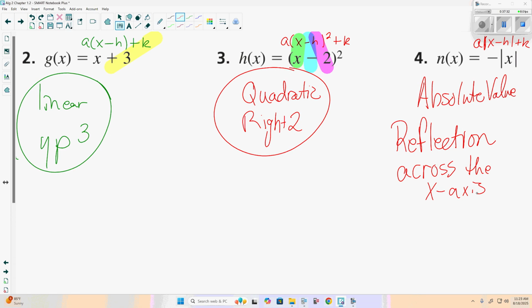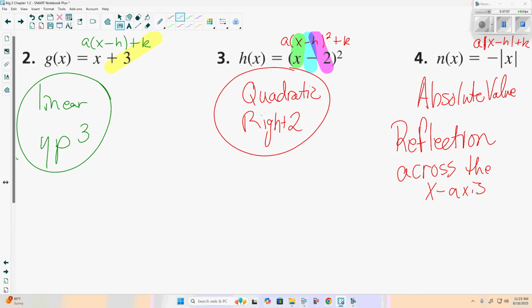The value that goes into place of a is going to be our vertical stretch or shrink, not the sign. The sign is purely attached to reflection. The value that's going in front of those absolute value bars in front of x is our vertical stretch or vertical shrink.